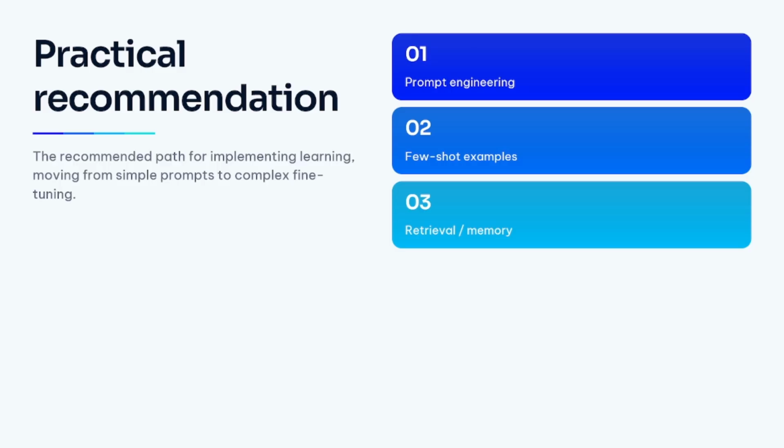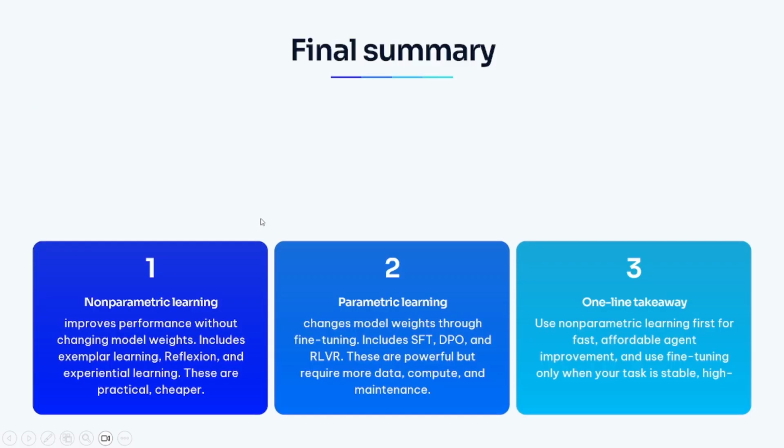But if RAG is not enough, then you can go into fine-tuning and select one from the fine-tuning categories. So final summary: non-parametric learning improves performance without changing model weights. It includes exemplar learning, reflection, and experiential learning, and these are practical and cheaper. Parametric learning changes model weights through fine-tuning, and it includes SFT, DPO and reinforcement learning.